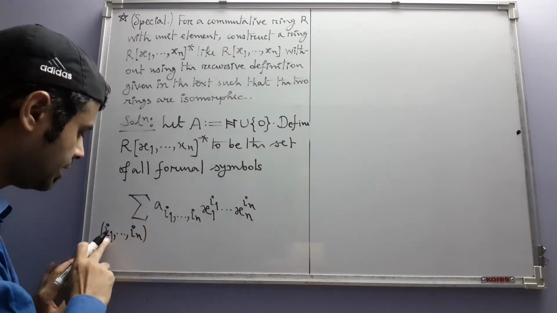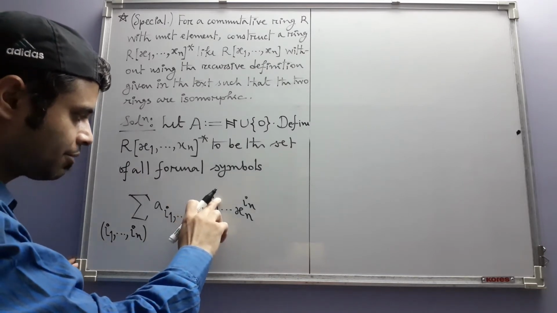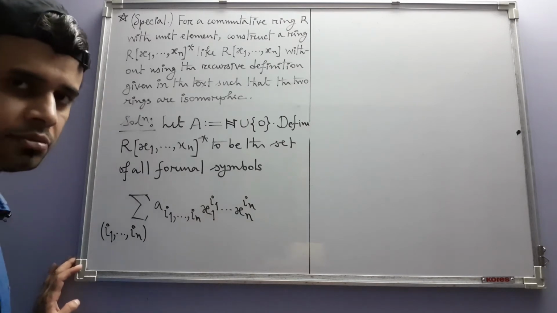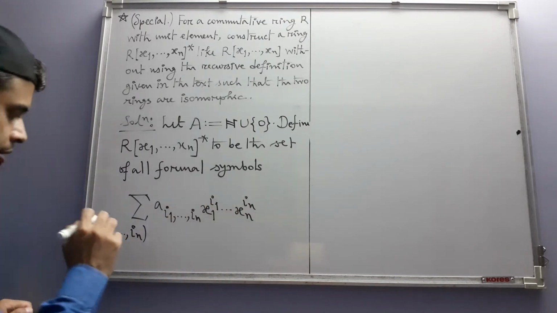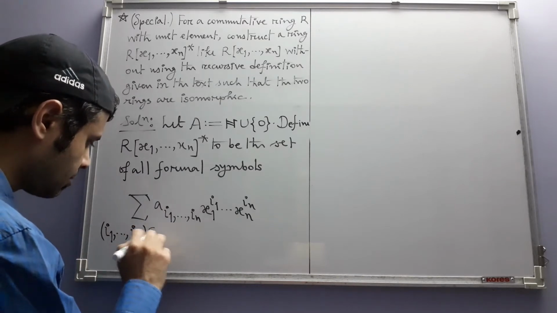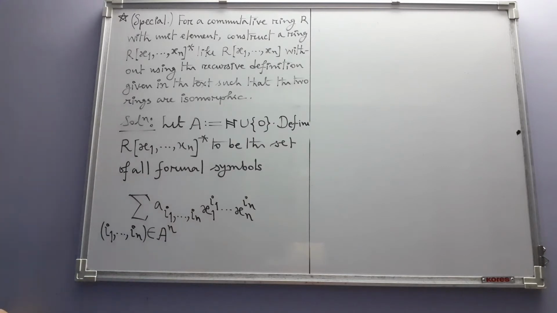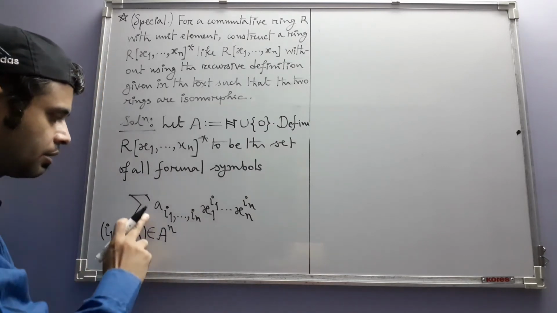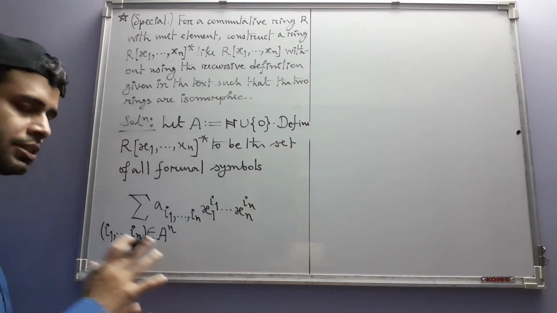If you change the order of I1 and In only, say, then you have In here and I1 here. If they are different non-negative integers, then the term becomes different. So that's why an ordered n-tuple, belonging to An. So this is a formal sum where each term is coming for one such n-tuple.